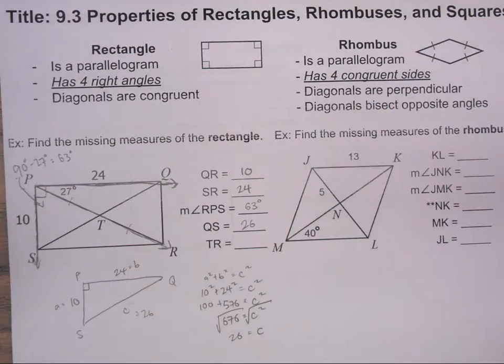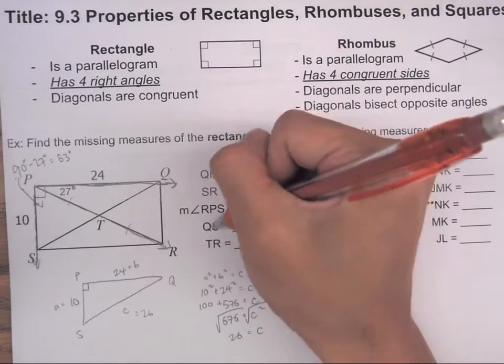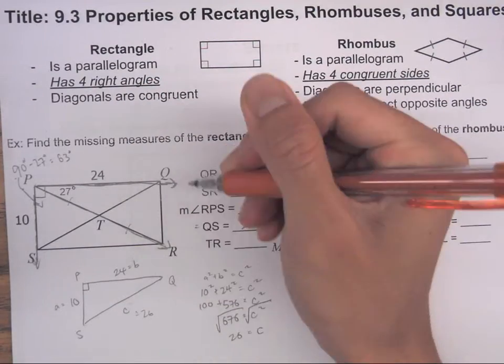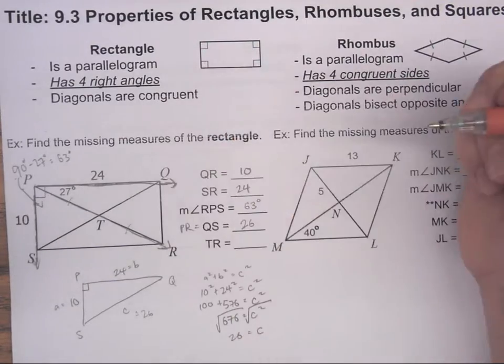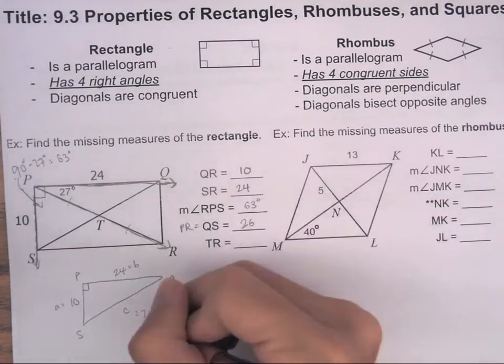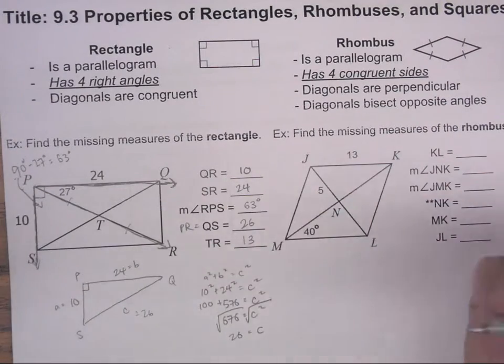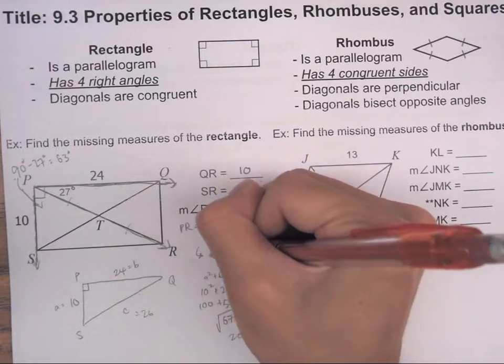PT is congruent to TR. So just like last time, if we know that QS is 26, we could also put PR. Why not? PR is 26. So TR is going to be half of 26. So this is just 26 divided by 2, which is 13. Yeah, this right here is 26 divided by 2.